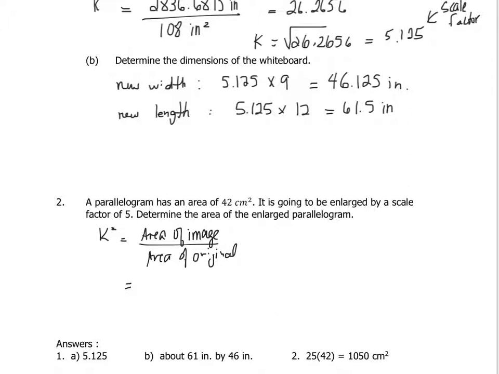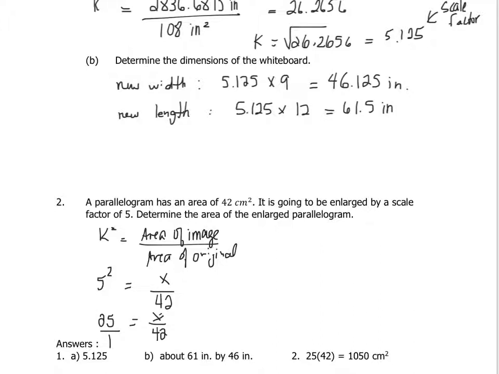We can fill that in. 5 squared equals area of image, which we don't know, but we do know that the original has an area of 42. So that means 25 equals x over 42.